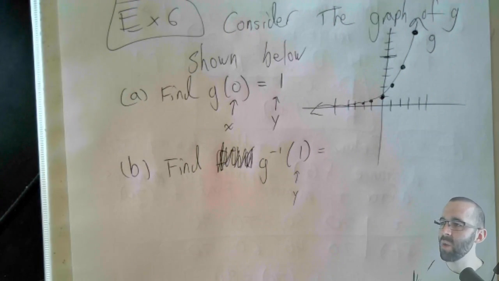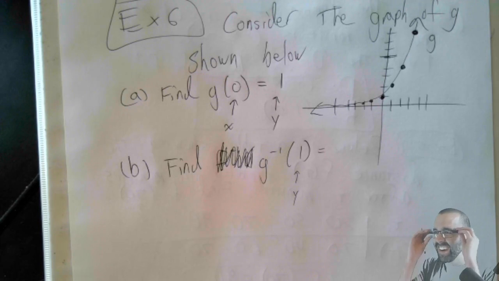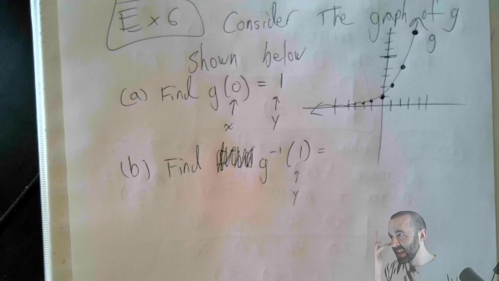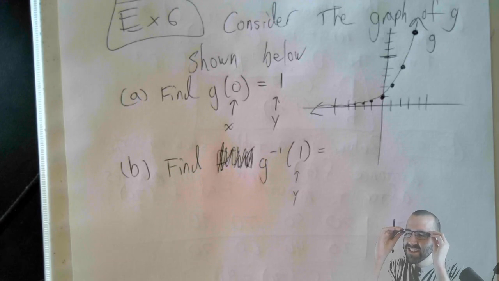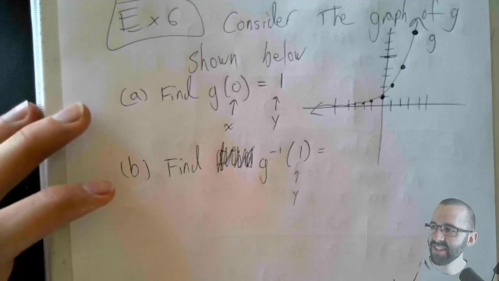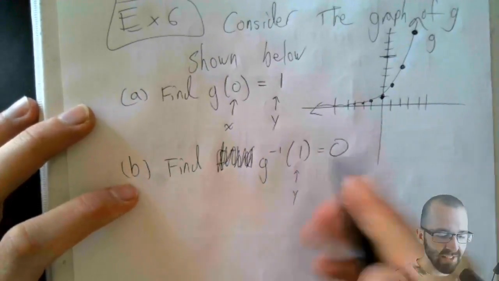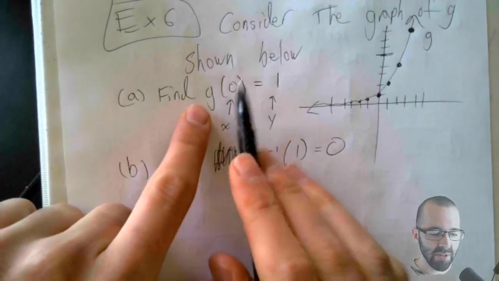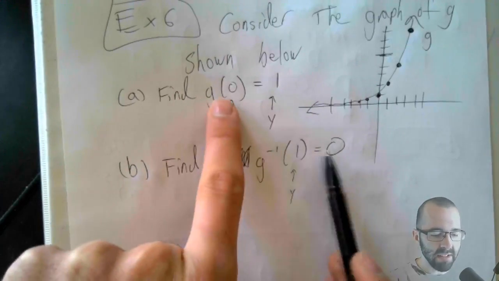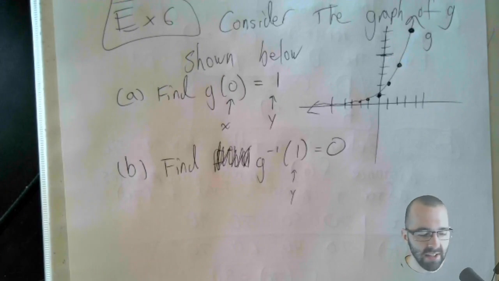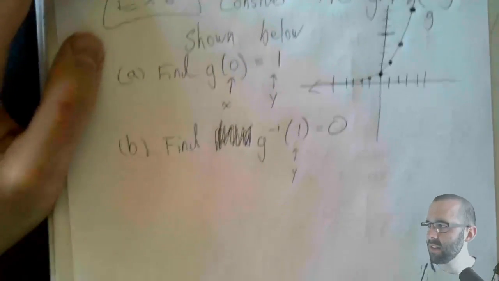So when y is 1, what is the x value going to be? Yeah, exactly, 0. We're just going backwards from what we had over here. We said g of 0 is 1. That means g inverse of 1 is 0. So a lot of times they might come in pairs.